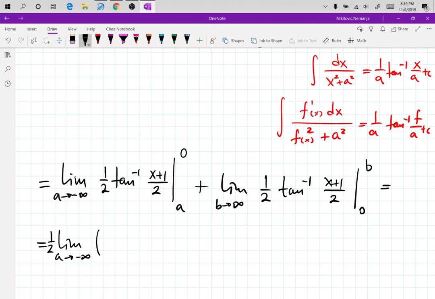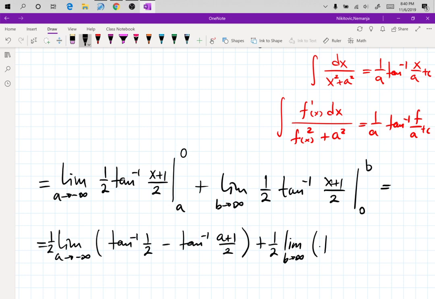So we have inverse tangent of 1/2 minus inverse tangent of (a plus 1) over 2, plus 1/2 limit as b goes to positive infinity of inverse tangent of (b plus 1) over 2 minus inverse tangent of 1/2.